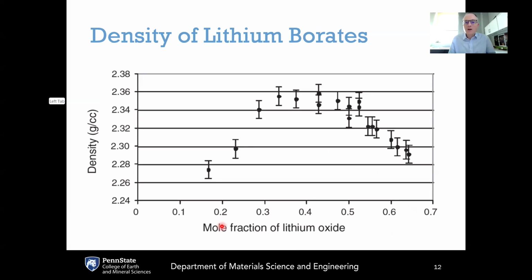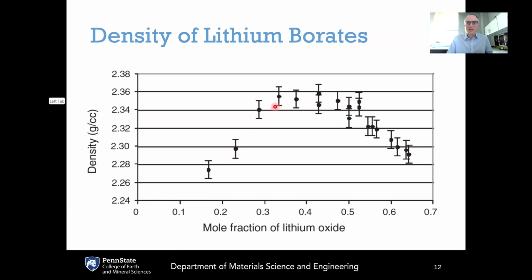So we know by now about the boron anomaly and the fact that if you were to take pure B2O3 and add a modifier like lithium to it, the first thing that happens is that boron converts from threefold to fourfold coordination. When it does that, the connectivity of the network increases and the density of the glass network is increasing.